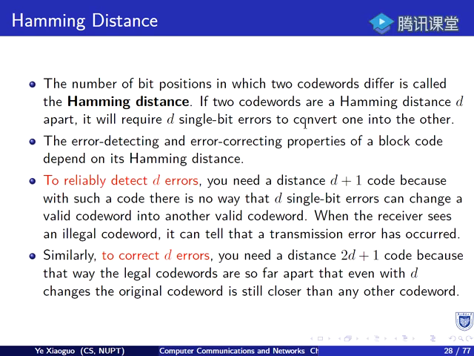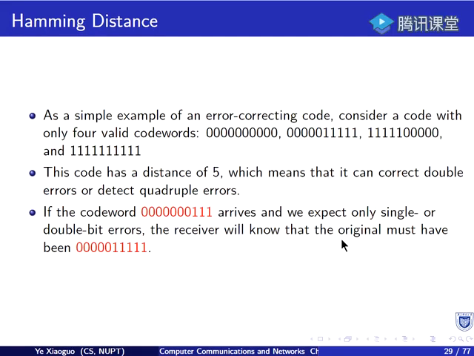Similarly, to correct d errors, you need a distance 2d plus 1 code, because that way the legal code words are so far apart that even with d changes, the original code word is still closer than any other code word. That is the principle of the Hamming distance.